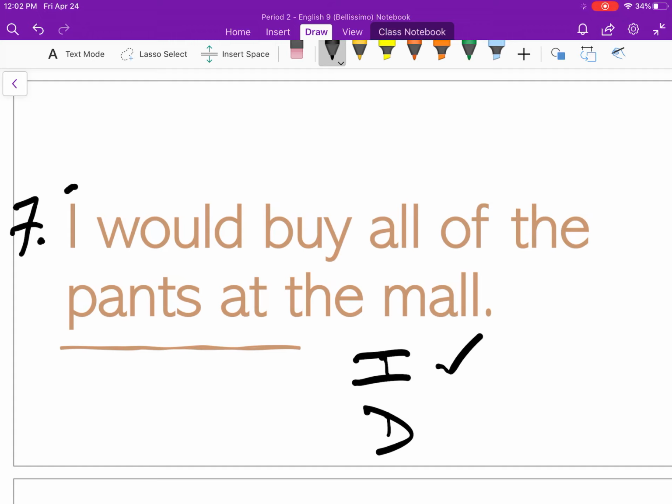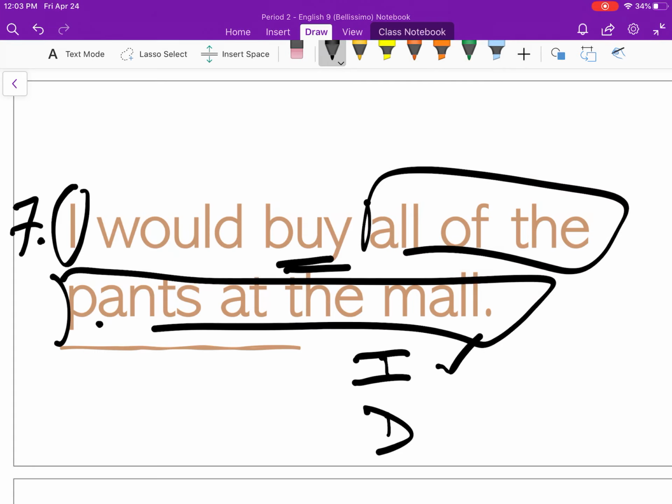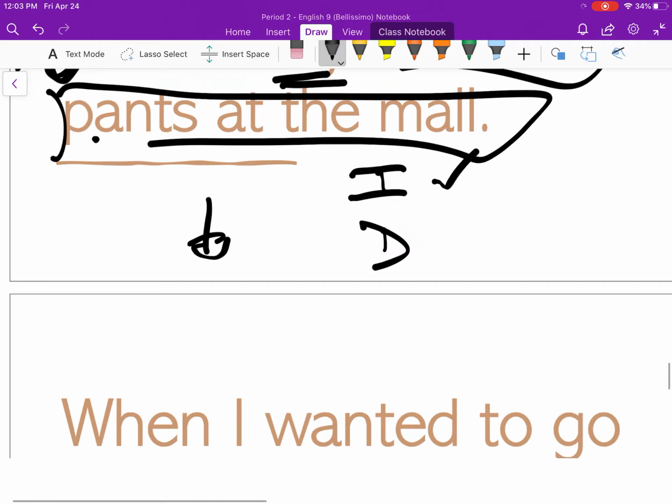Okay, our subject I, to buy. This one's a little bit more complicated because we have that would right there. I'm not going to get into the rest of the mechanics of this, but the would is not before the I. That's the important part right there. Our I is starting off the sentence. All right, number 8.